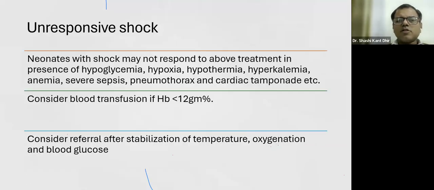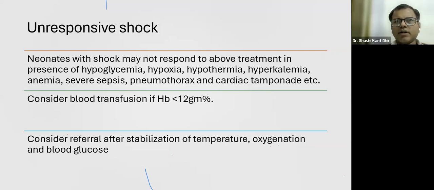So if the baby is still unresponsive, we also have to look for alternative causes or compounding factors, which could be hypoglycemia, hypoxia, hypothermia, hyperkalemia or anemia, and the baby might be having severe sepsis, pneumothorax, or cardiac tamponade. So all these things should be simultaneously looked for and must be treated.